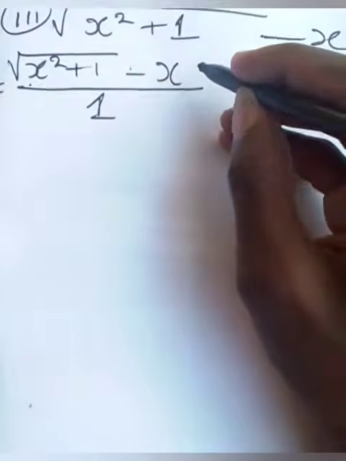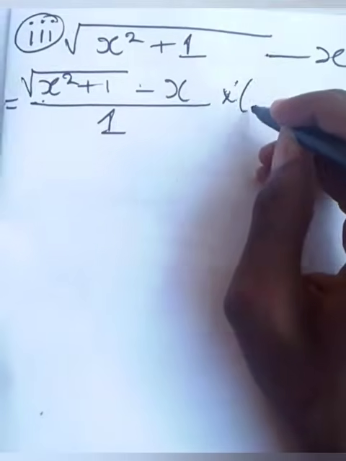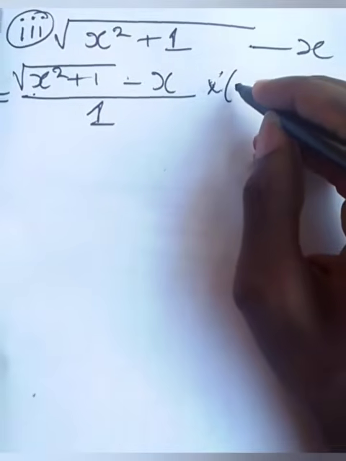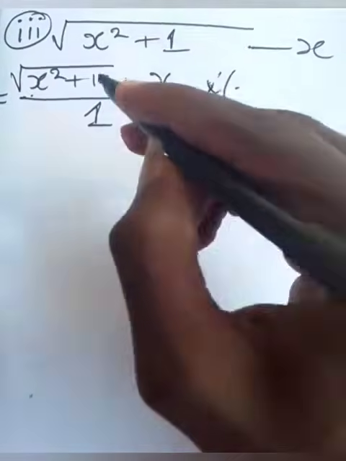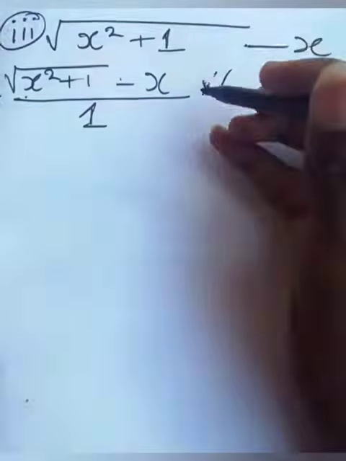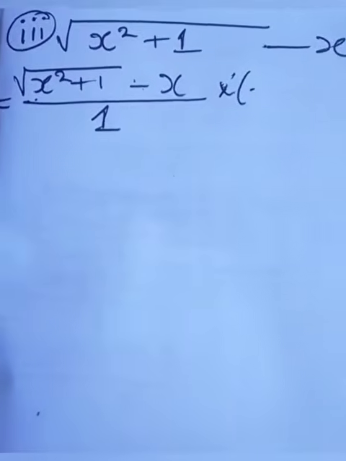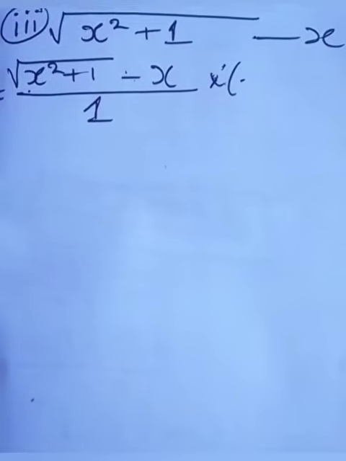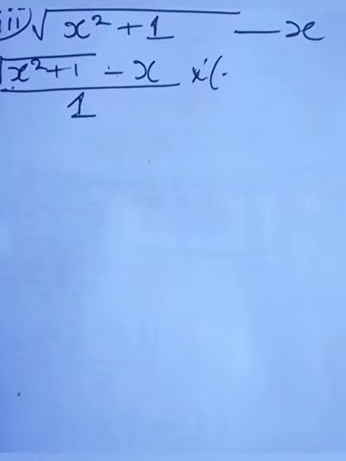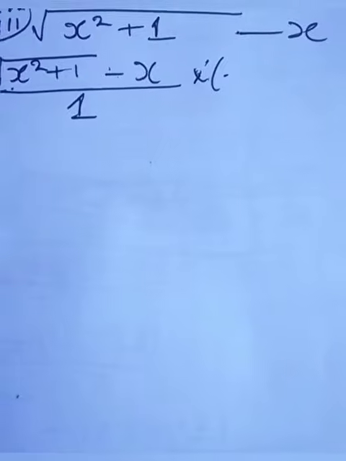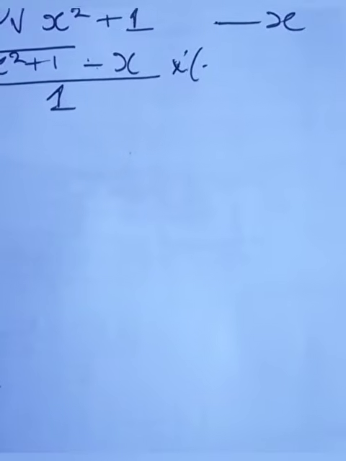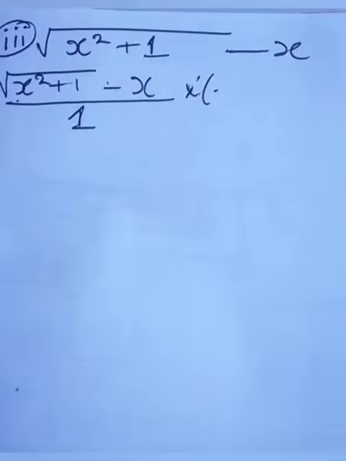So now find the conjugate. So we just say times, okay, I'll change the sign for this. This time, I want to try to change the sign for x, so that you guys can see that it's not always that you have to change the sign for the one that is having the square root.